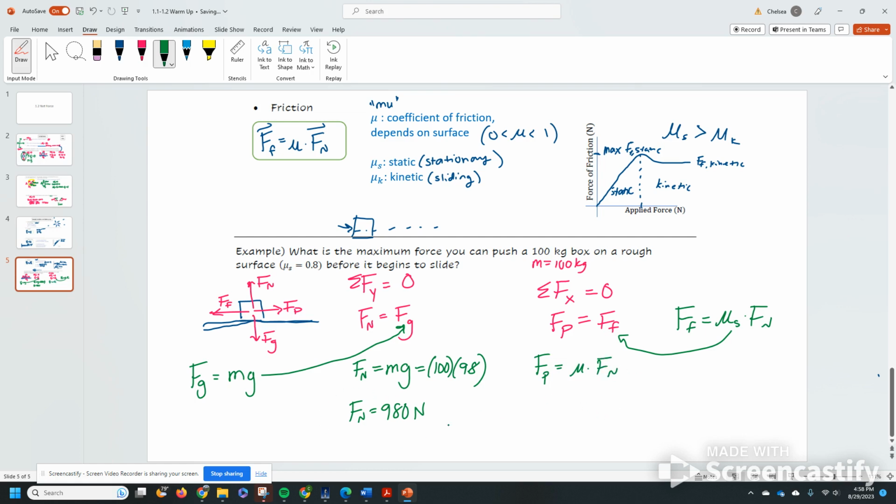I already solved for the normal force, so I can substitute that in, and I'm given mu. So FP equals 0.8 times 980, which is 784 newtons. All right.